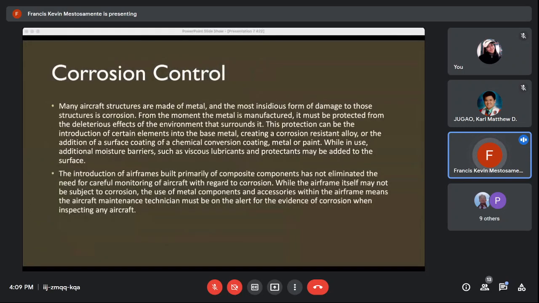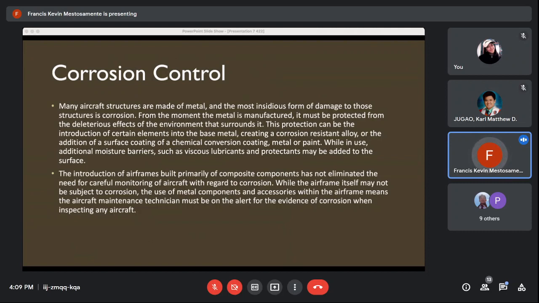Next slide, we got corrosion control. So corrosion is one of the most damaging outputs of age and poor preventive maintenance to an aircraft. If it is left unchecked, corrosion can cause an eventual structural failure.